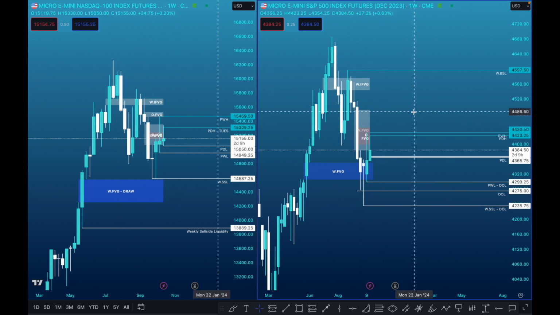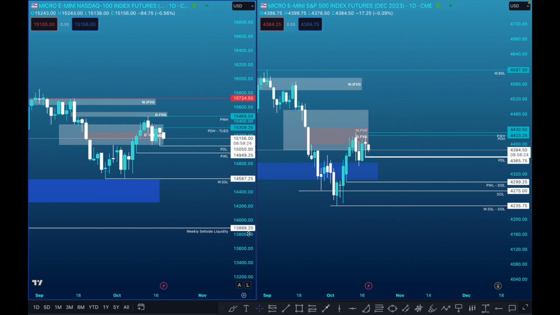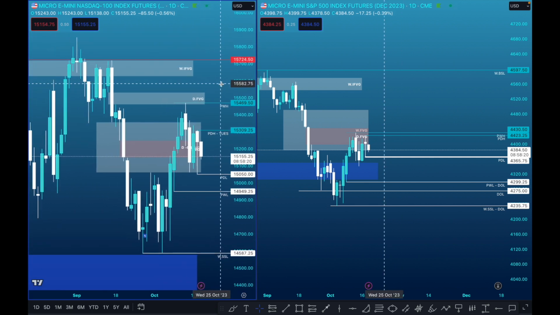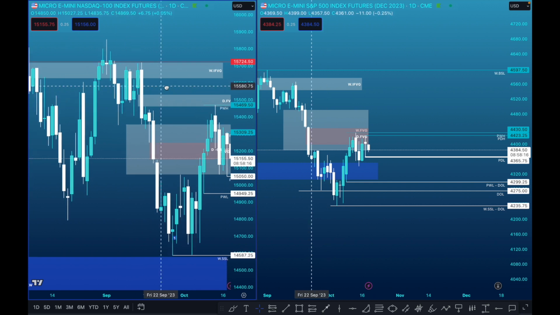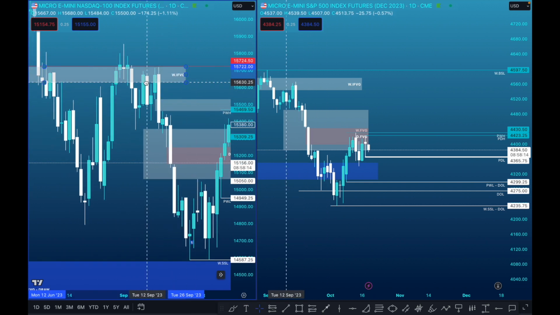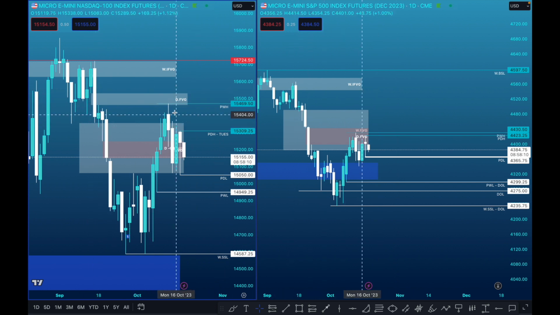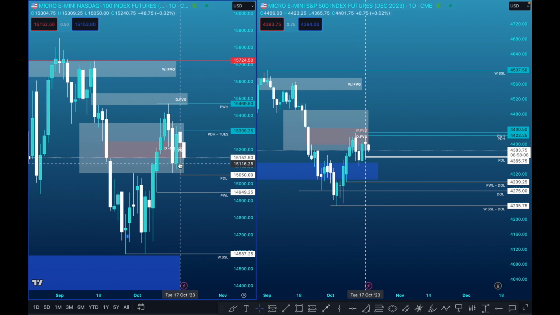Where it gets quite interesting, if we go to the daily chart on both time frames, both markets, and we zoom in, okay, we've got quite a bit going on. So we have this daily fair value gap which we tapped into, and then we've traded away from that.